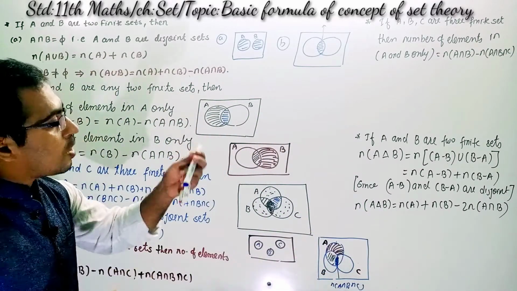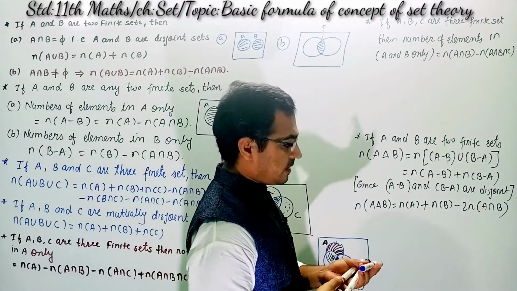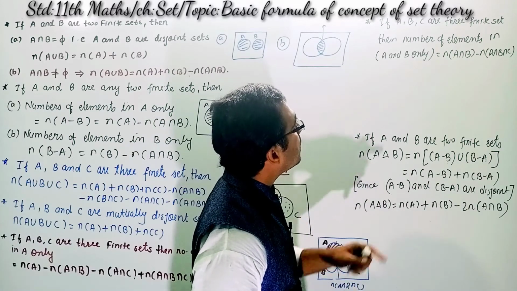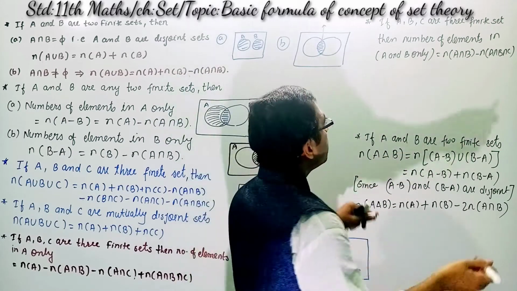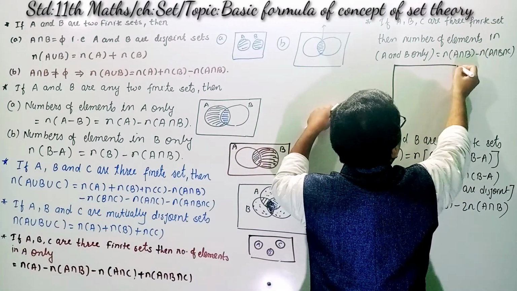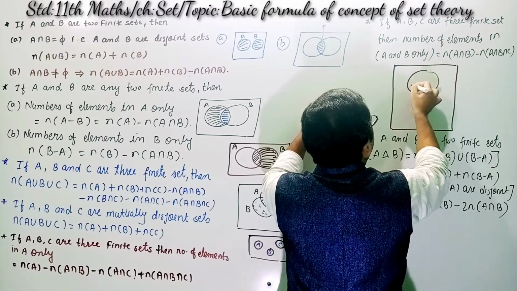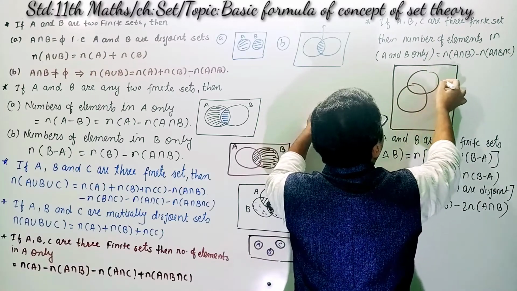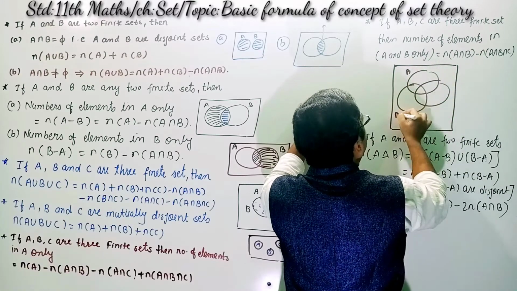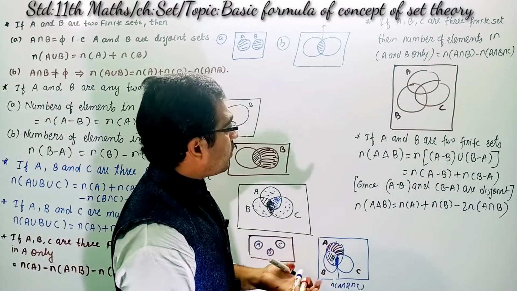Okay students, now moving to the next point. If A, B, C are three finite sets, then what is the number of elements in A and B only? So three finite sets: A, B, and suppose this is C. This is A, B and C. What do you want to find out?